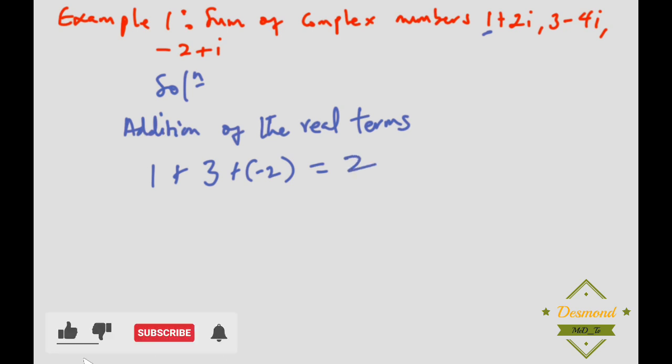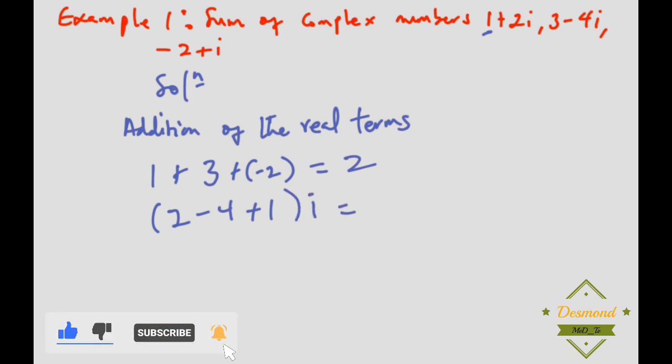That's the real part. And let's add the imaginary part, which is the y part. We have plus 2, minus 4, plus 1 i.